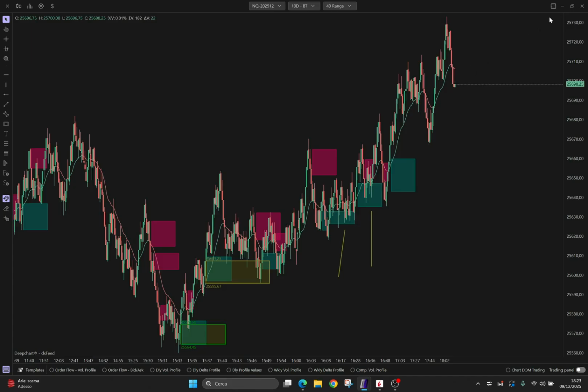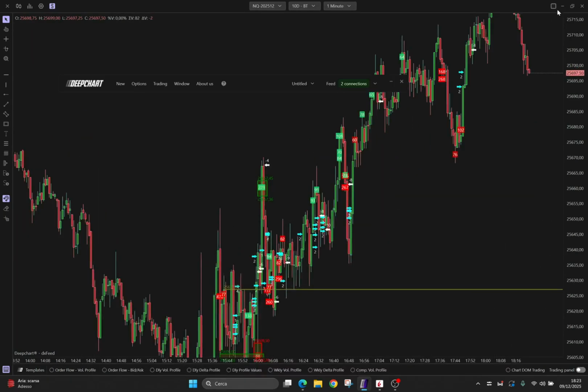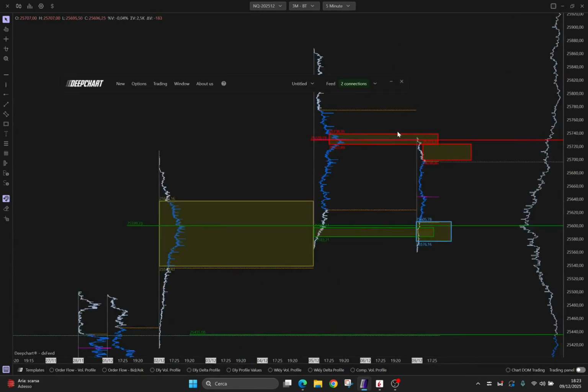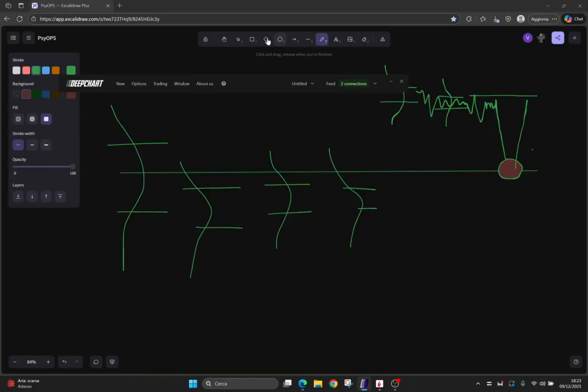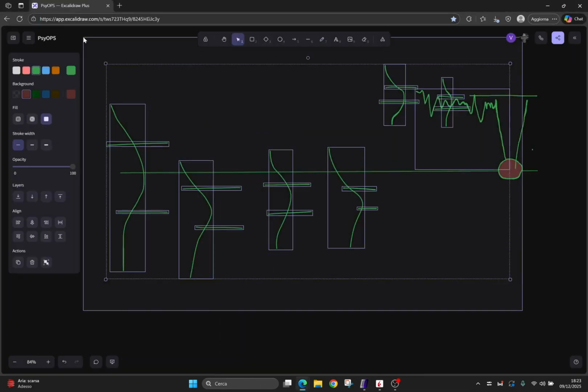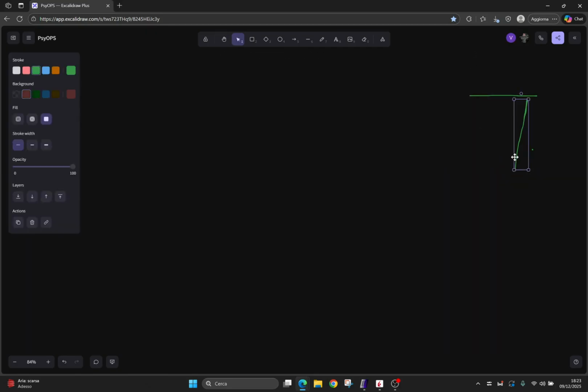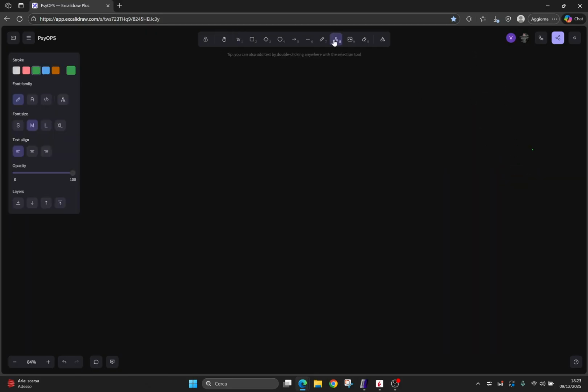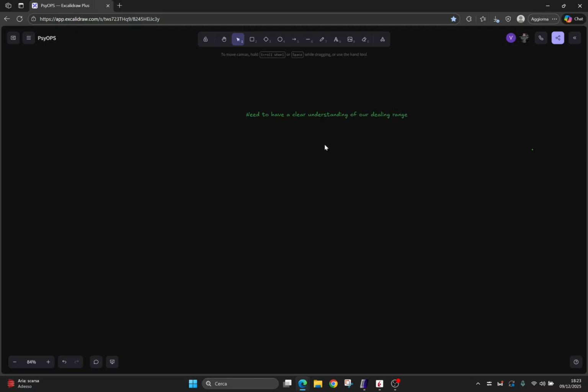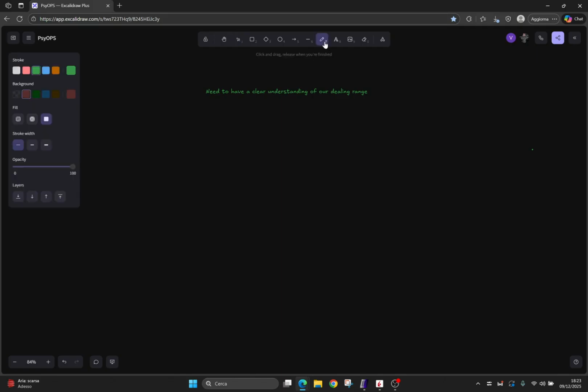Now, you need to understand that to use this properly, you need to have two pieces of information. The first one is you need to have a bias. So you need to have a clear understanding of our dealing range. What does dealing range mean?